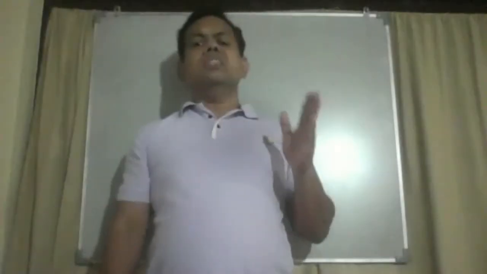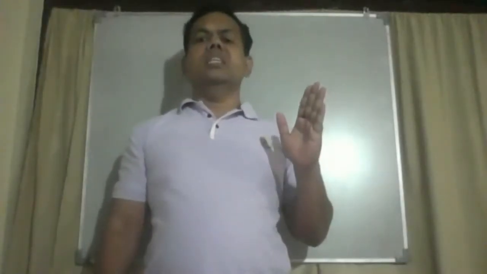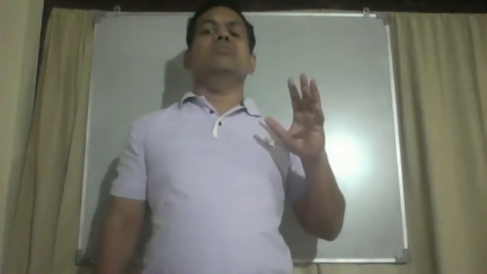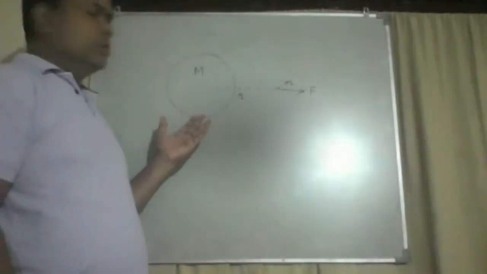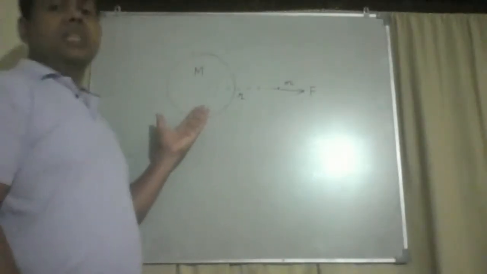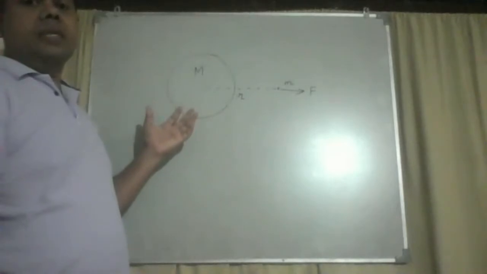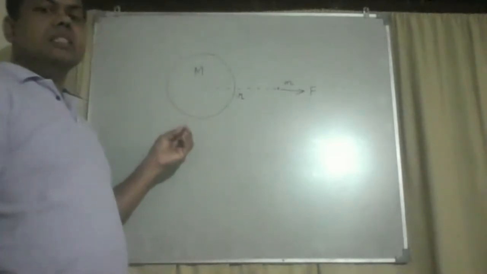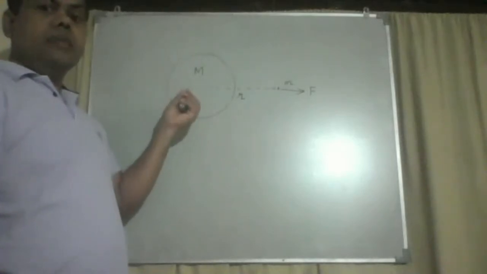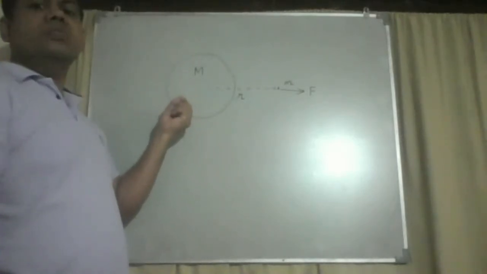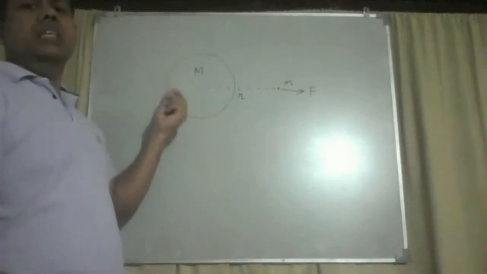Now let's consider the gravitational field around a spherical object of mass capital M. A spherical object of mass capital M can be treated as a point mass of capital M placed at the center of that spherical object.